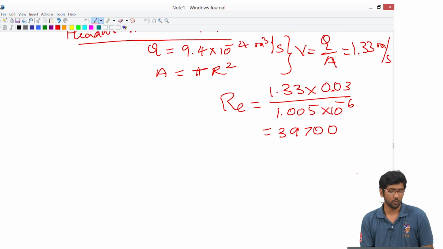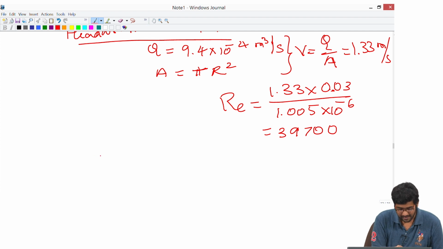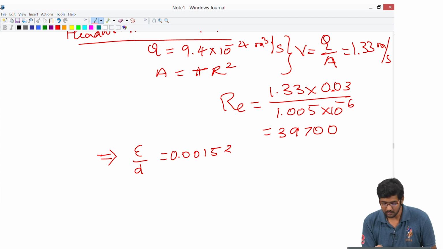Therefore, one needs to use the Moody chart to calculate the friction factor and use that to calculate the head loss. For commercial steel, as they have mentioned the pipe is made of commercial steel, the epsilon by d value is 0.00153. One can use this epsilon by d value and the Reynolds number.